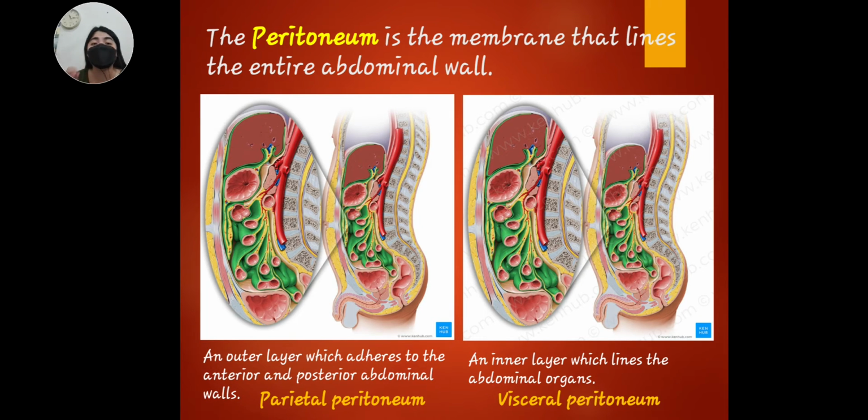As I said again, the peritoneum is the membrane lining the entire abdominal wall. It has two divisions: the parietal, which is the outer layer, and the visceral, which is the inner layer. Let's proceed to another slide.